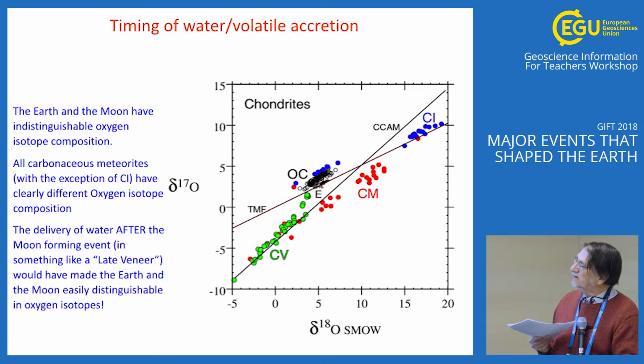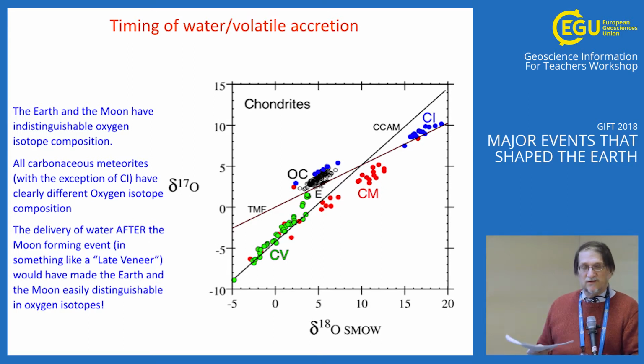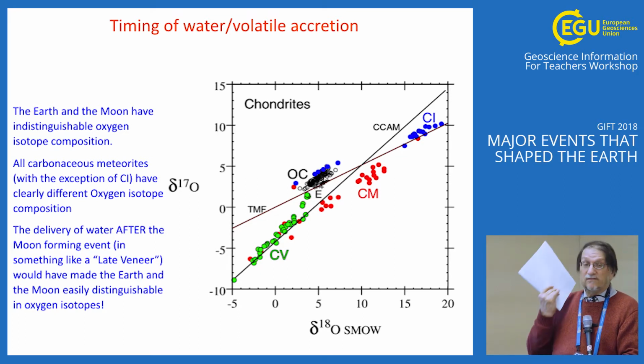It turns out that if you look at the lunar oxygen isotopes, and you've heard about meteorites, these are type CM and CI, for the most part, the delivery of water after the moon formed would not be consequential. The oxygen isotopes on the moon, assumed to be coming from this impact, are actually very similar.